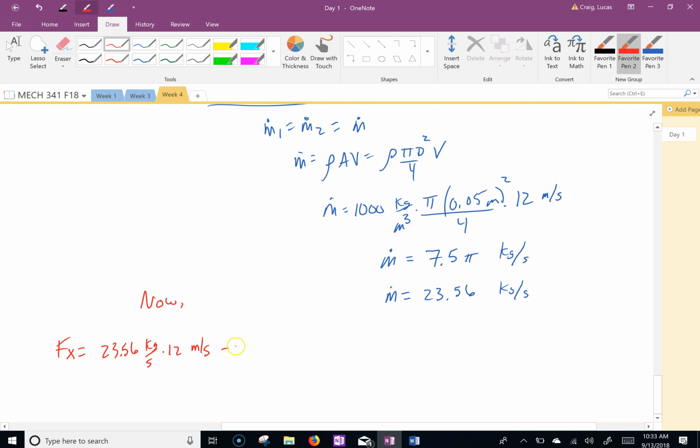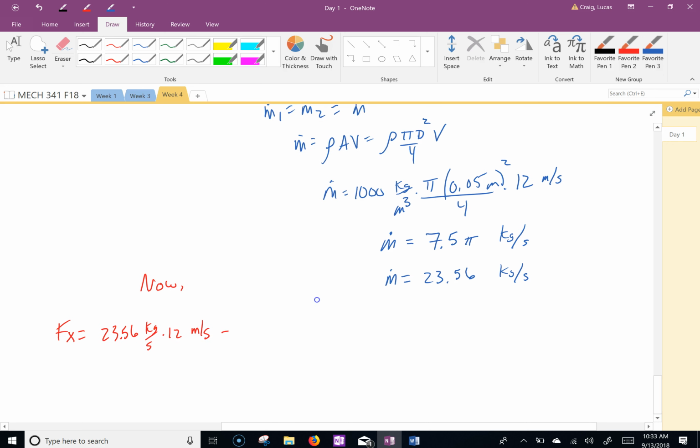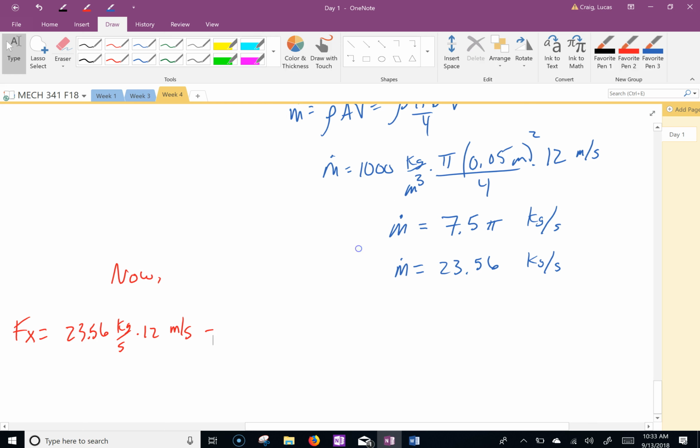And then it was minus 23.56 kilograms per second times, wow, that is sloppy, 12 meters per second, but that was cosine of 45.